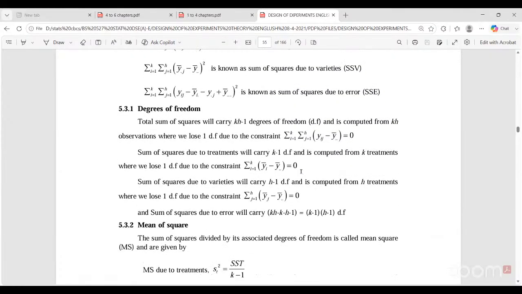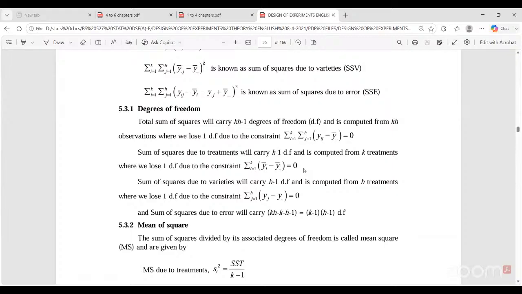See here, this is visible to all of you. Yes, sir. What is the meaning of degrees of freedom? Degrees of freedom means the total sum of squares will carry k into h minus 1. k and h are given in the problem, so k h minus 1 is the degrees of freedom, computed with the kh observations.